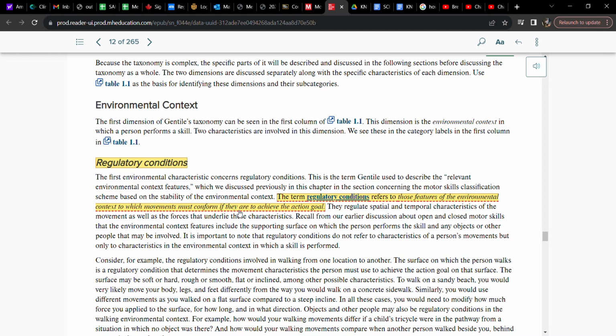Like in golf, if you have to hit a shot a little bit lower, or in soccer, if you have to kick a ball a little bit lower, that's now turned into a regulatory condition. Whereas if it's just raining, okay, well, it's just wet. That's not a regulatory condition. That doesn't really change how you move. It's just going to make it a little bit more difficult. So that would be a non-regulatory condition.